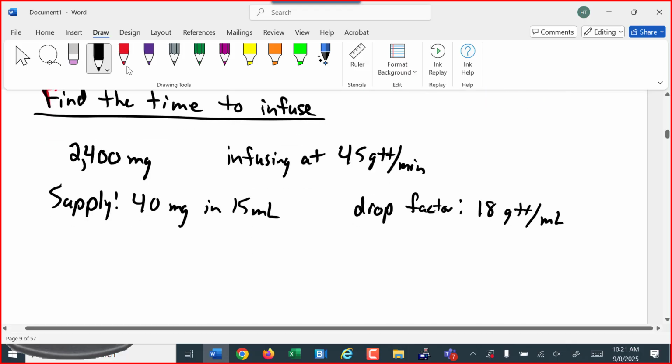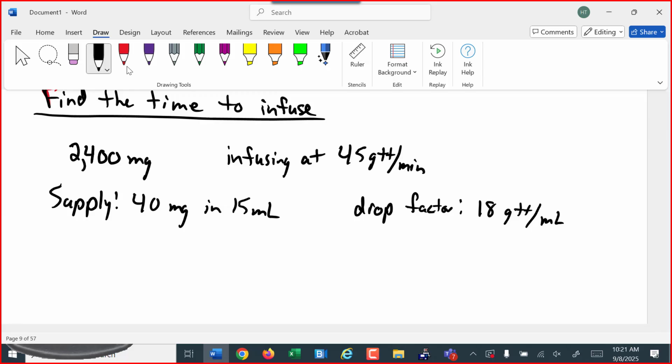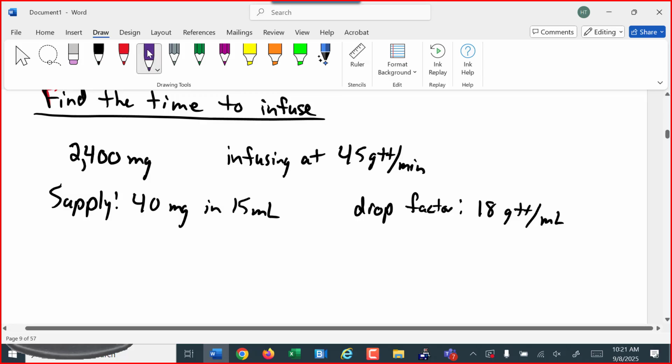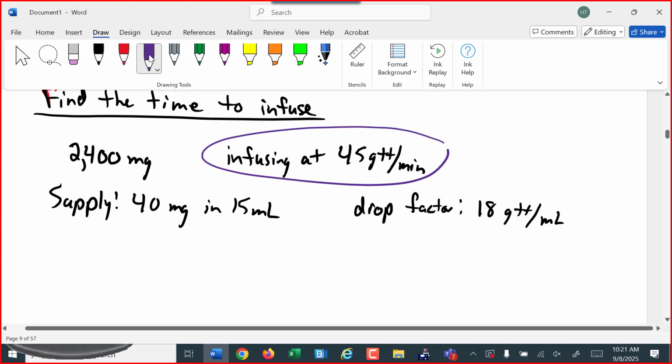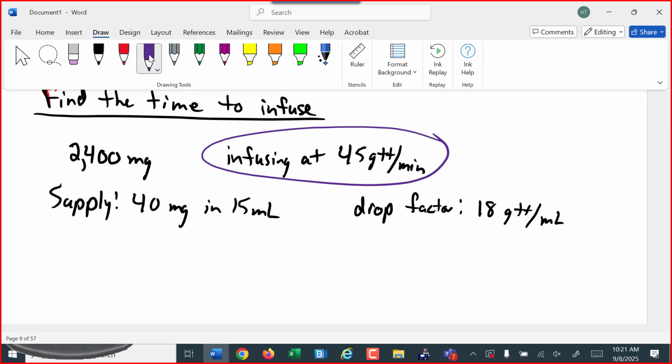We are looking for a time. So we want to start out with a unit that has time in it. If I'm looking through here, I see that I have my infusing rate, 45 drops per minute. But I want my final answer to be in time, so I'd want the time on top.